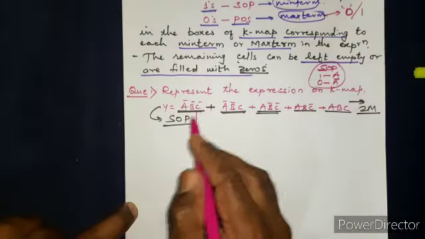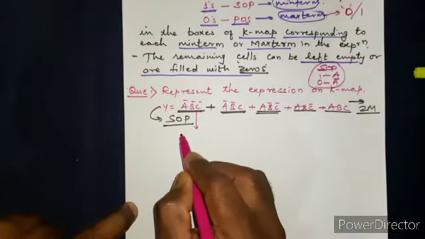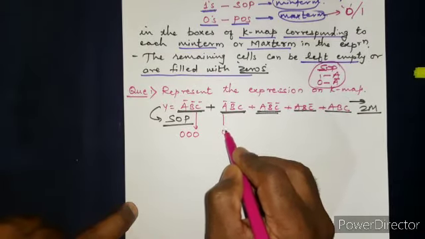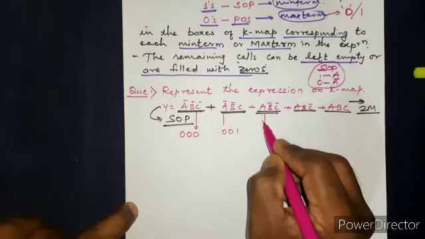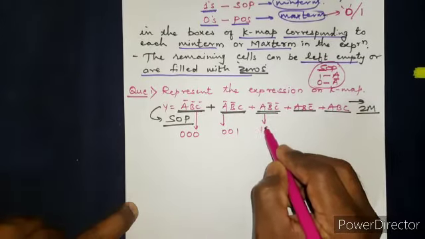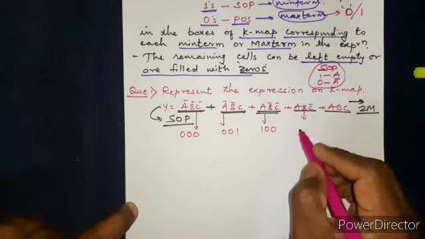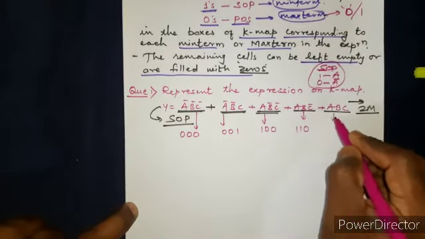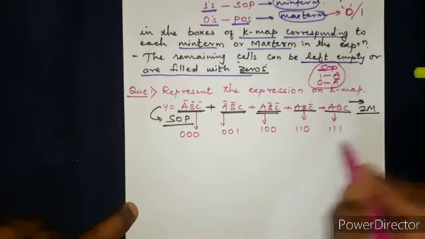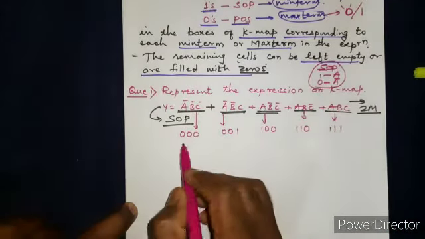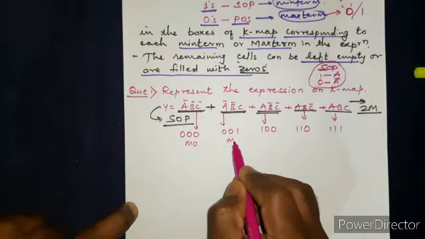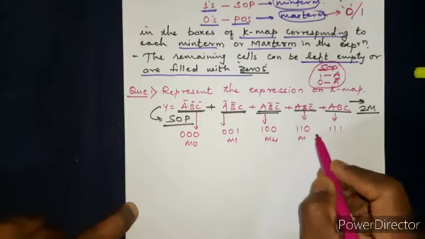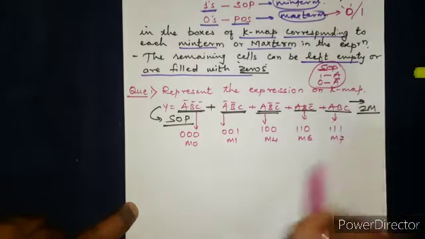Now this A bar corresponds to 0, so this is 0 0 0, right? This is 0 0 1, this is 1 0 0, okay, then this is 1 1 0 and this is 1 1 1. Okay, so this is M0 and this is M1, M4, M6 and M7.